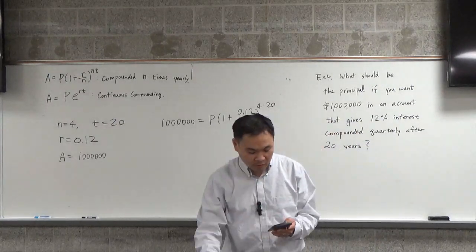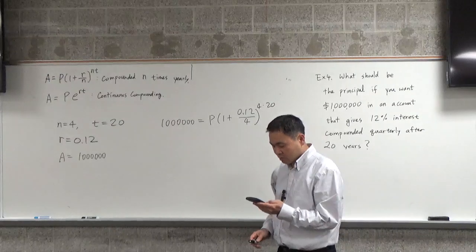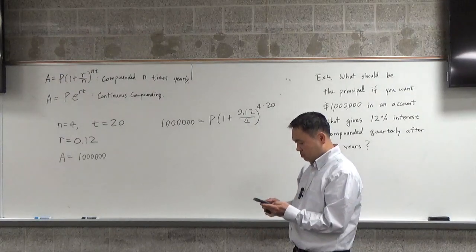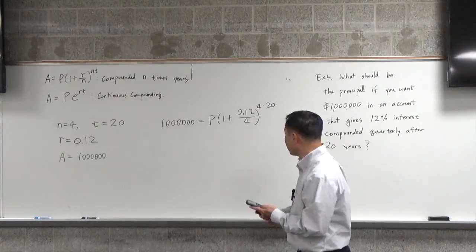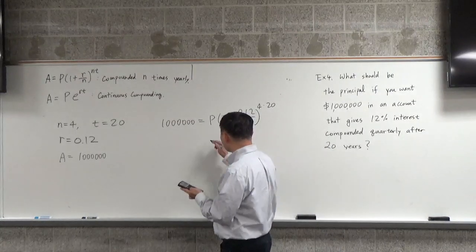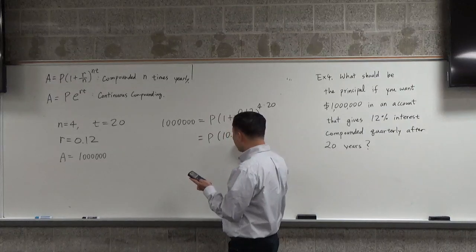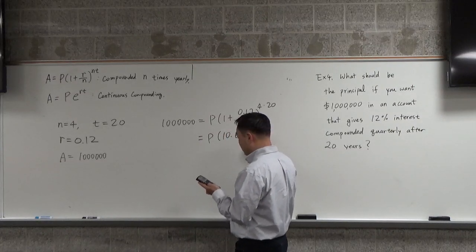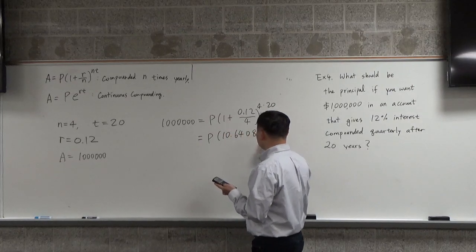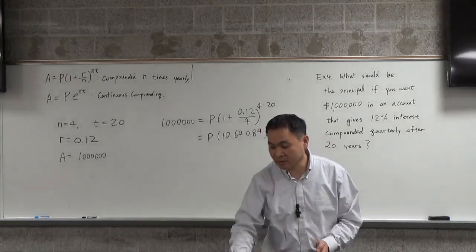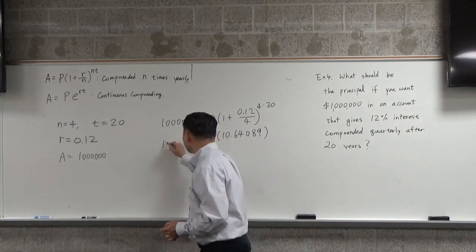And what I get is 10.64089. That's what I get. You get $1 million here.